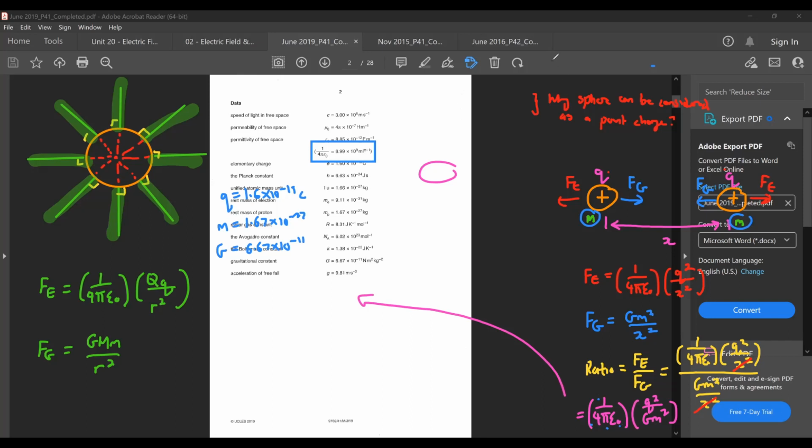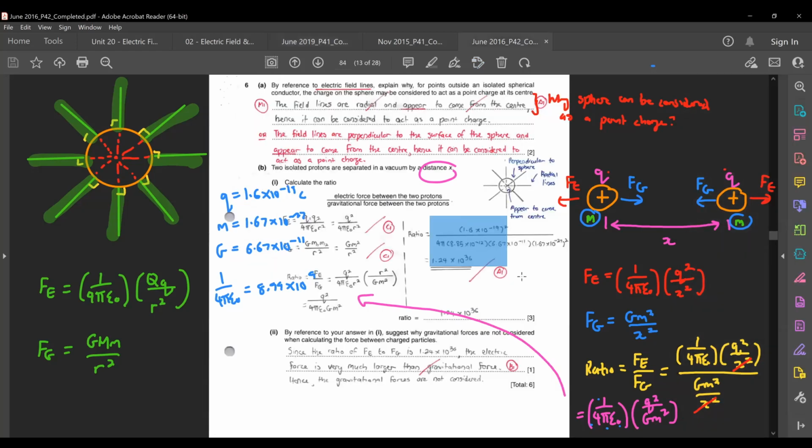So usually it's better to just use that value. 1 over 4 pi epsilon naught is 8.99 times 10 power 9. These are all the values that you require. You just sub in, and don't forget to square where necessary.